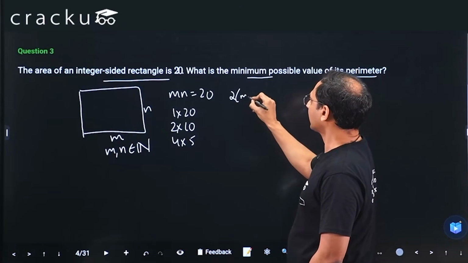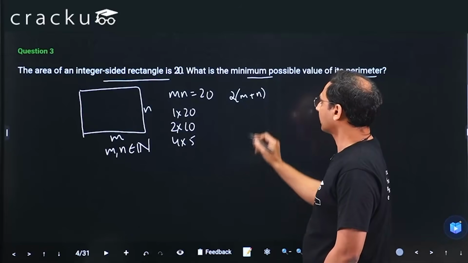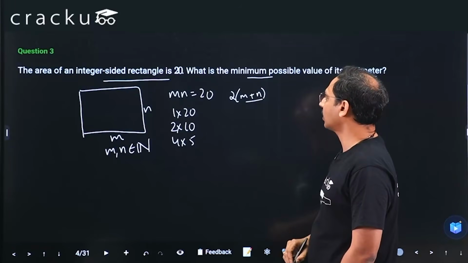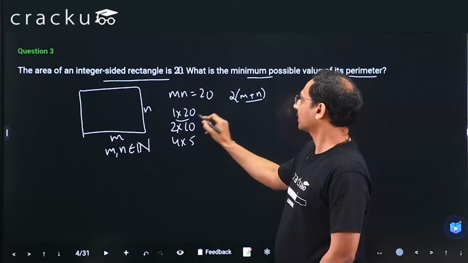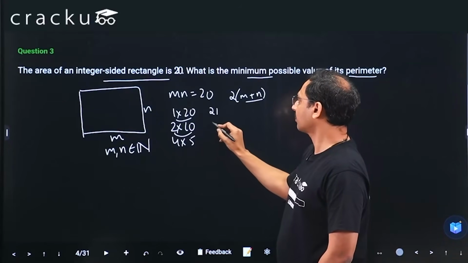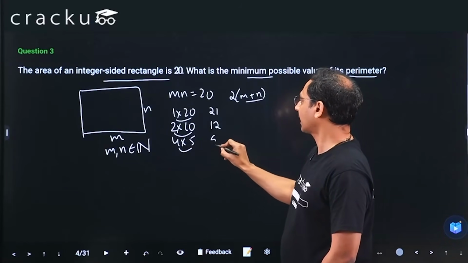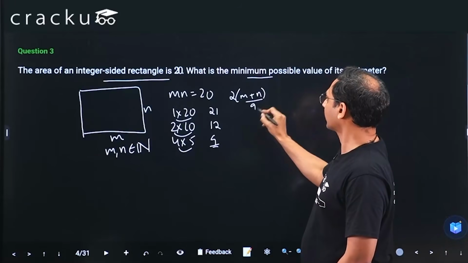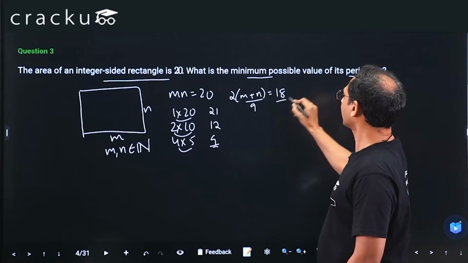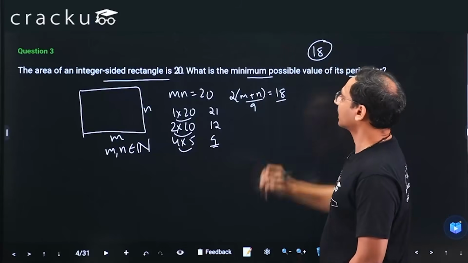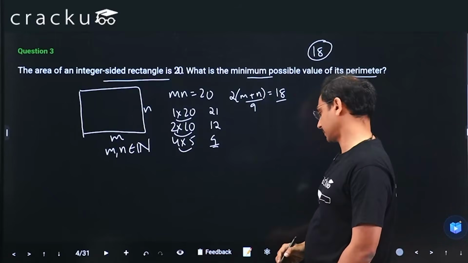The perimeter is twice of m plus n. So we need to look at the minimum value of the sum of m and n. Here the sum is 21, here the sum is 12, here the sum is 9. The minimum value is 9. Put 9 here. We get the value 18. That is the answer for the third question.